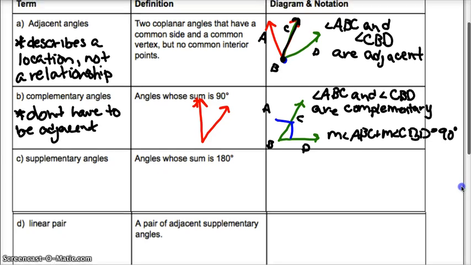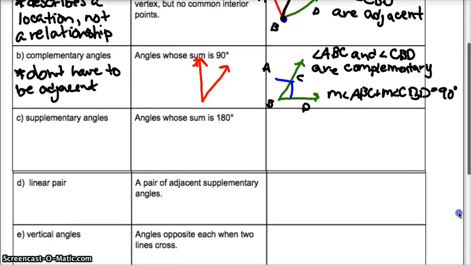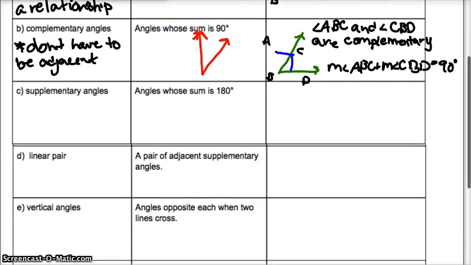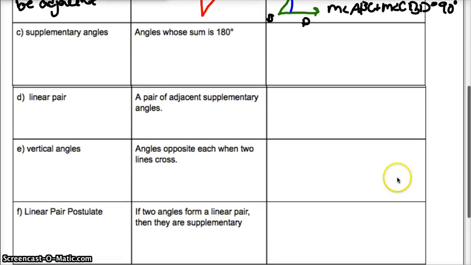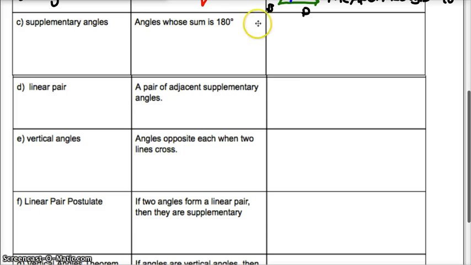Complementary is very similar to supplementary. The only difference is that these add up to 180 degrees as opposed to 90. So if I had an angle here, and here's another angle, these angles are going to add up to 180 degrees.